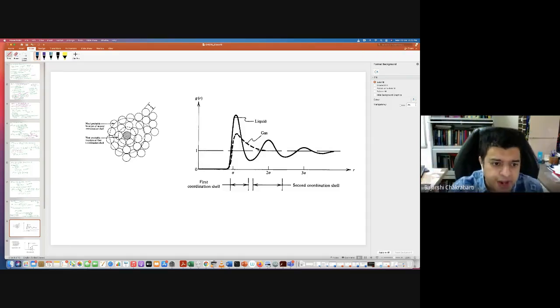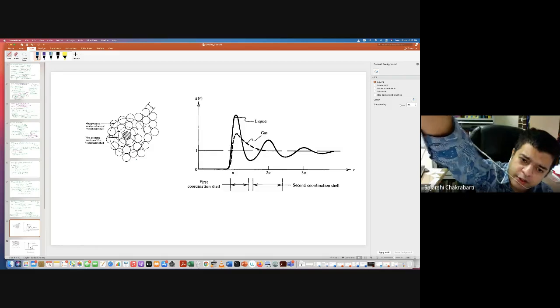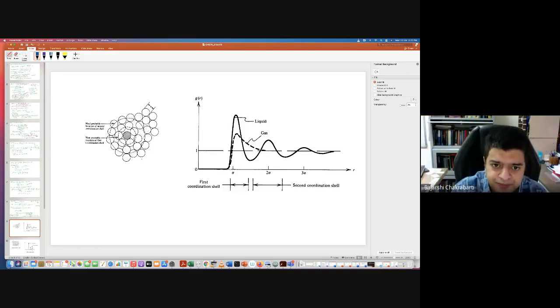And if I move radially outward from that tagged particle in any direction, I will see a change in density. If I go to very long distance, it will match the bulk density. You have G of R, it would be something like 1. Remember, the G of R is 1 when R is large.